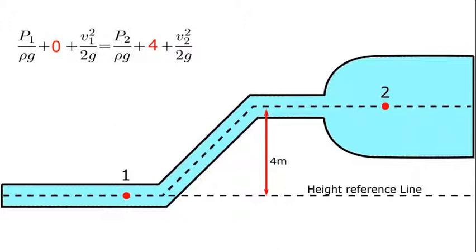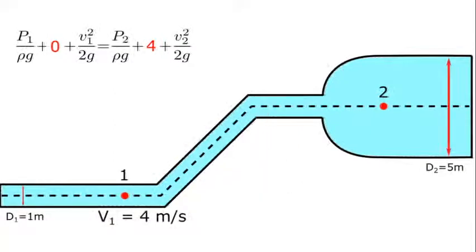Next, let's move on to resolving our velocity heads. For this part, we're interested in the velocity value given to us for location 1 and the diameters at the 2 different locations. So firstly, we can put into our left-hand side the velocity value given to us at the start.